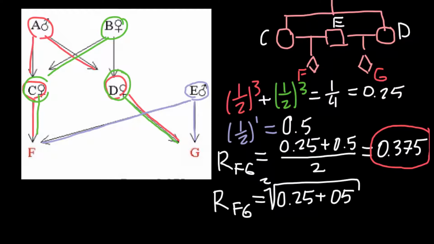And in this case the answer would be 0.354. So as you see, two variants of the answer are possible here.